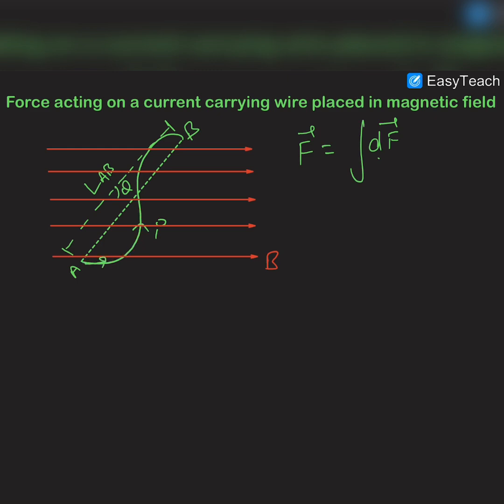And we know that if we add up all the small lengths of the wire dl, then the vector sum would be the shortest length between the two ends of the wire.